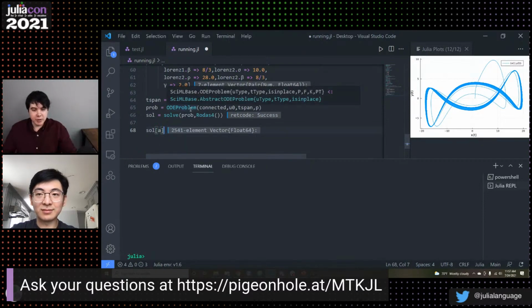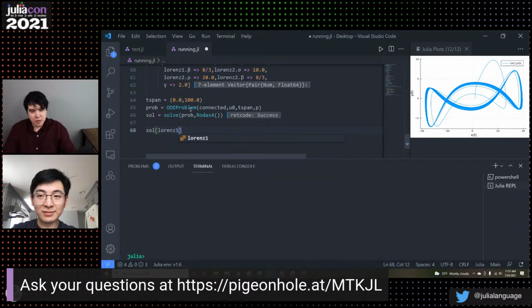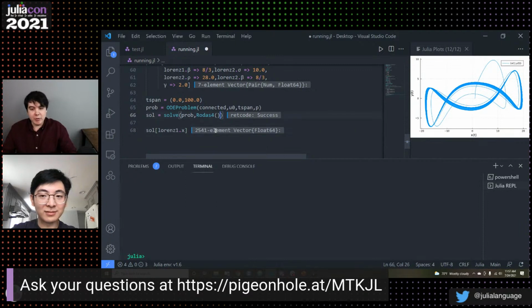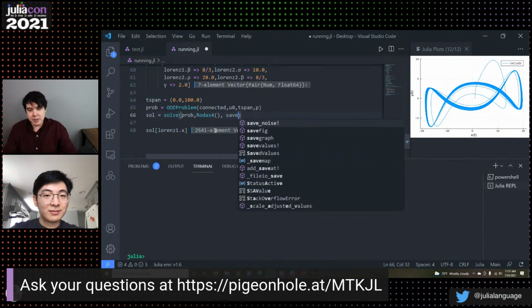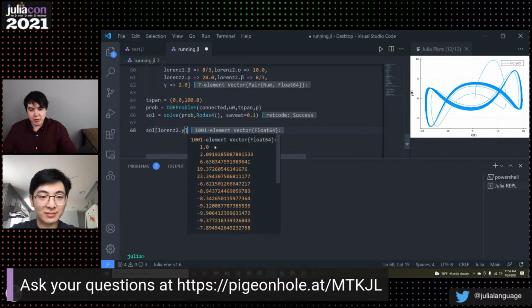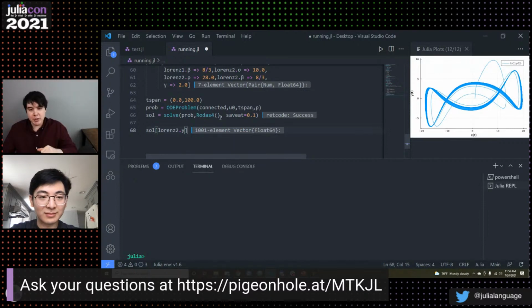What's the solution of Lorenz 1 dot x? And it will just know how to translate from the symbolic variables down to giving you the right time series. All the things that you would do with differential-equations.jl. You would say t equals 0.1, and then when you do Lorenz 2.y, this gives you the solution at 0, 0.1, 0.2, 0.3. This gives you the time series of Lorenz 2.y.